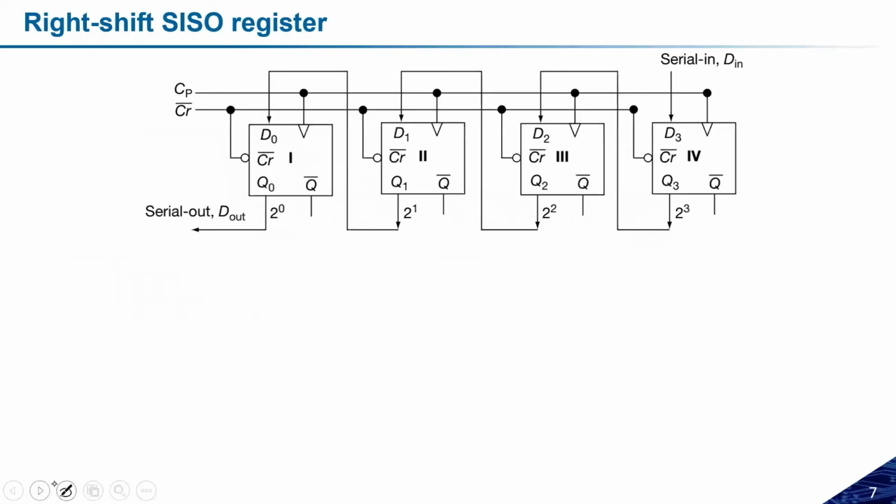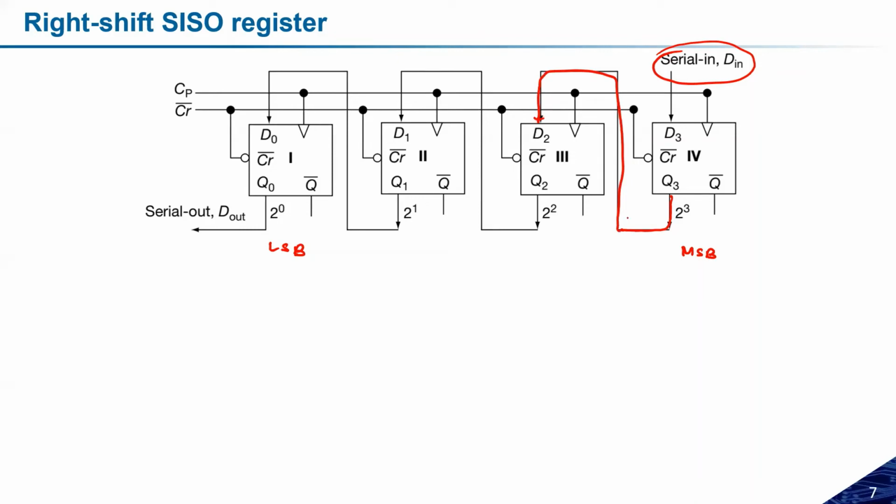What we are doing here, we are giving the input data to the MSB side, and we are taking the output data from the LSB side, and the output of the most significant bit is connected to the next one. That's it. This is the only difference.